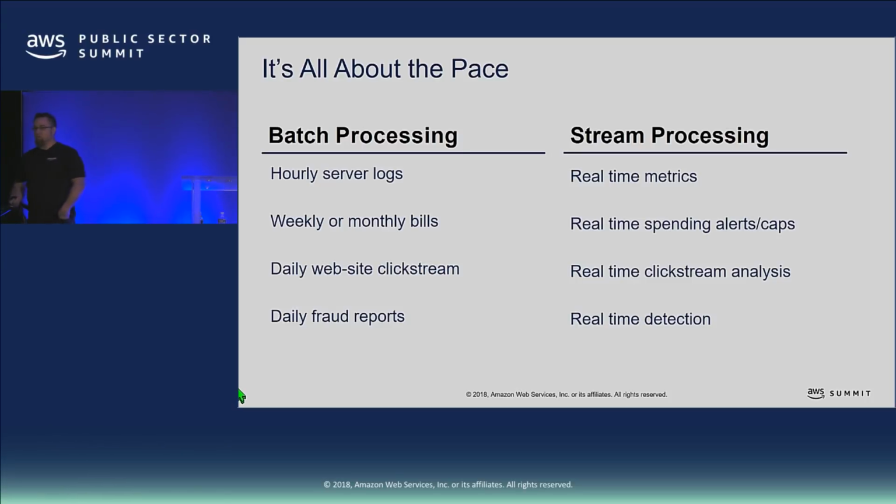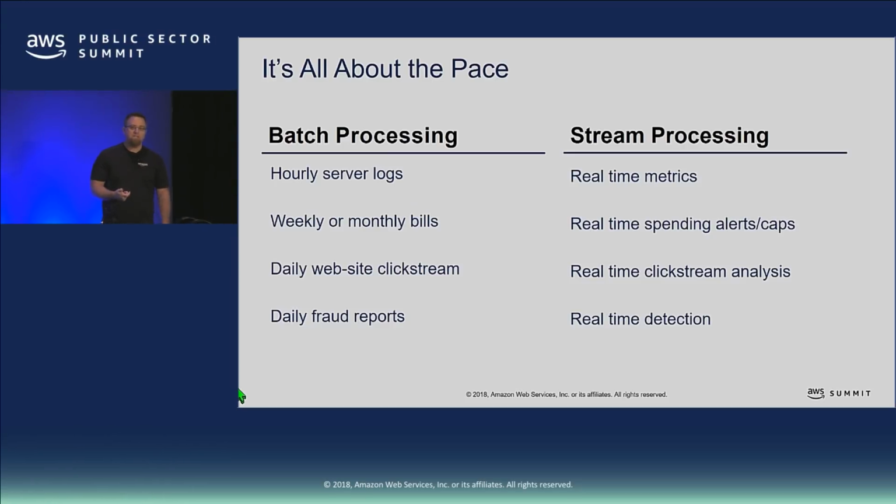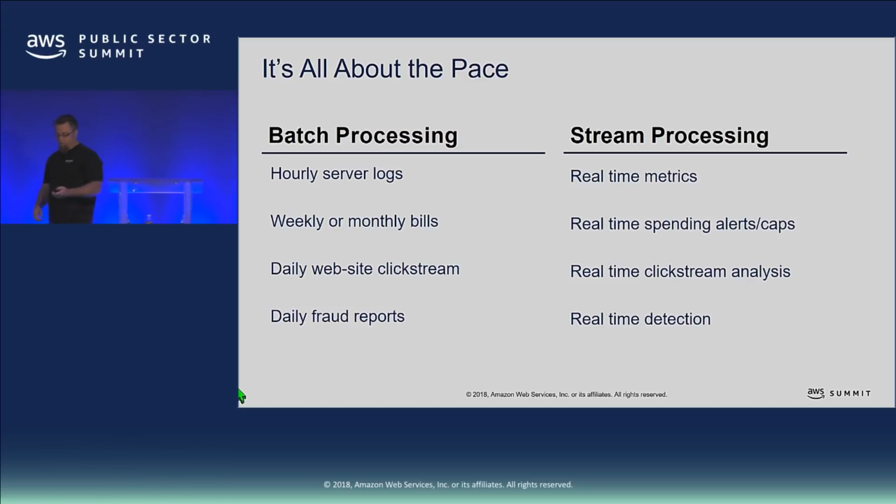In real-time streaming, you're going to have a very large volume of small messages funneling through a service to do the processing on that. So when you start thinking about the differences between batch processing and stream processing, it's really the continuous processing of data in real-time streaming versus the periodic processing of larger data. You can see a couple of examples up here.